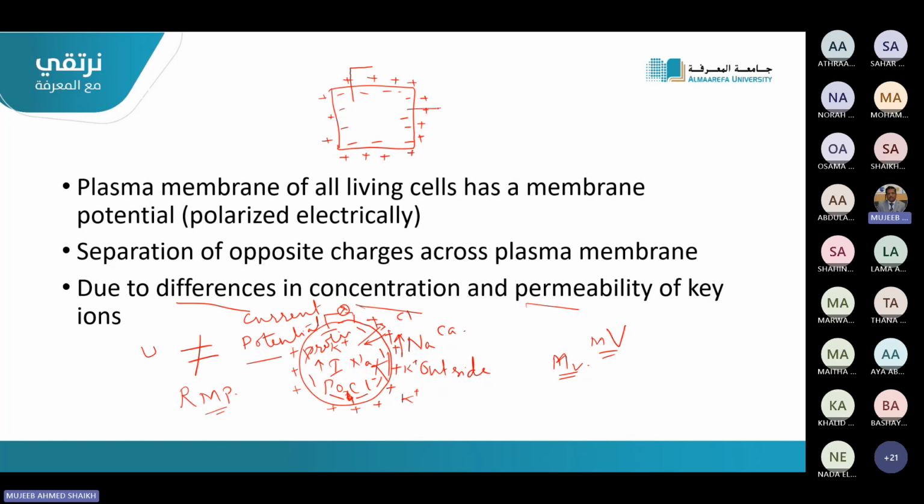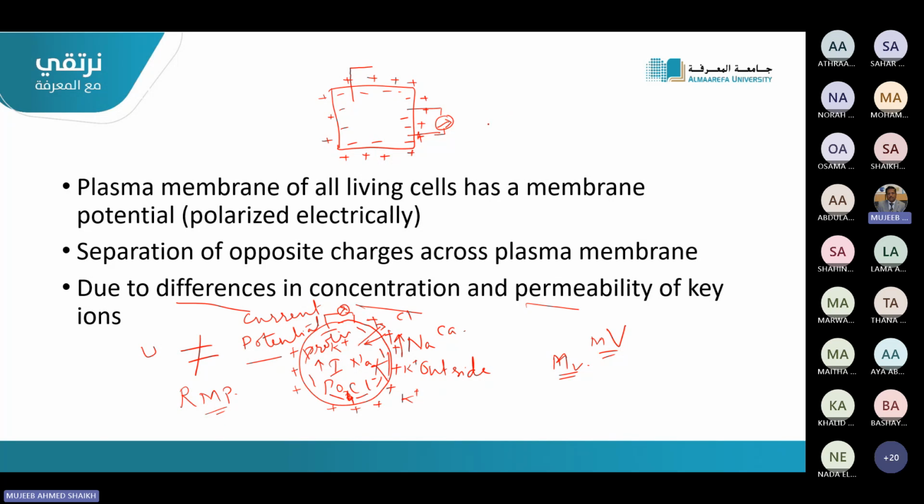So let us connect it here. One electrode out and one electrode in, and you connect with a galvanometer. It will show you some deflection, some current, as if you are checking the switch or socket in your house. If you check with the galvanometer, it will show you some current.